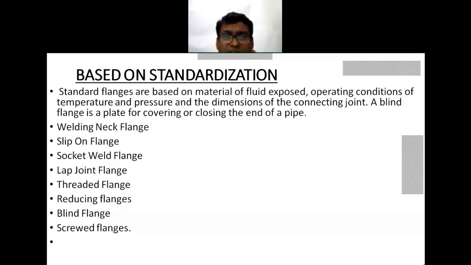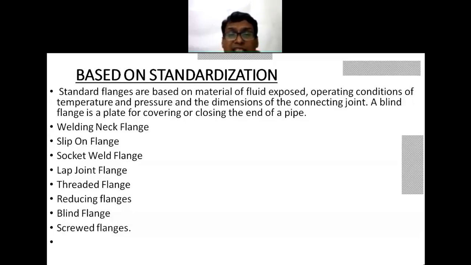The standard flanges are based on the material of the fluid exposed, operating conditions, temperature and pressure, and the dimensions of the connecting joint. Dimensions are fixed. So these are with certain ratings. That is, the maximum operating temperature and maximum operating pressure are defined by that specific rating.